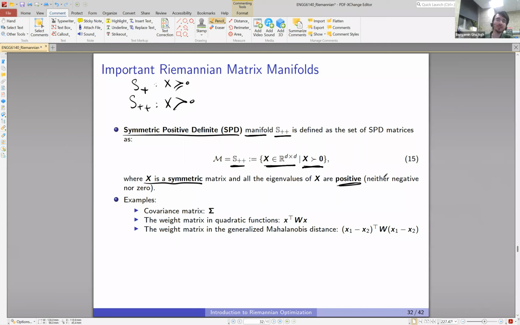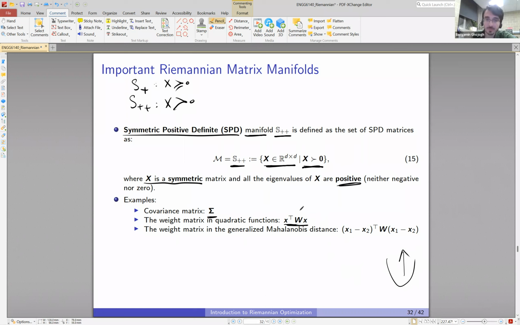We have a lot of examples of this in the real world in science, such as the covariance matrix. It's a positive definite matrix. Or the weight matrix in quadratic functions, such as X transpose W X. Because if W is positive definite, this quadratic function is facing up, so it's convex.